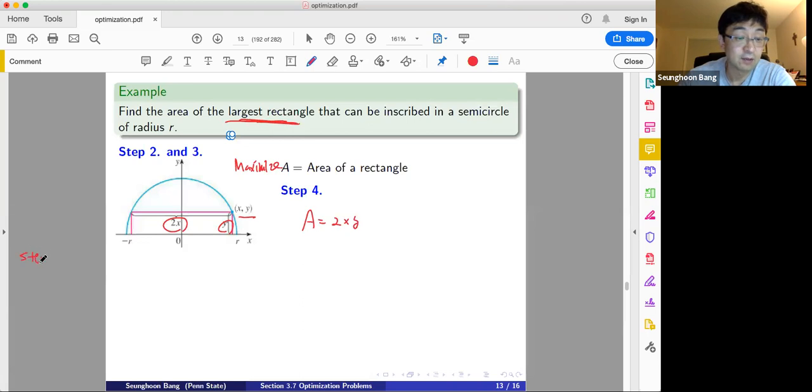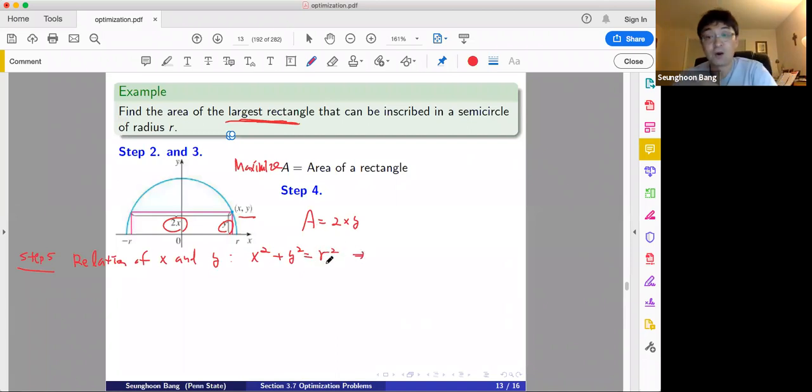What's step 5? You just express A as a function of one variable. You have to eliminate the x or the y variable. How can I eliminate it? You can use the relation between x and y, the equation of a circle: x squared plus y squared equals r squared.